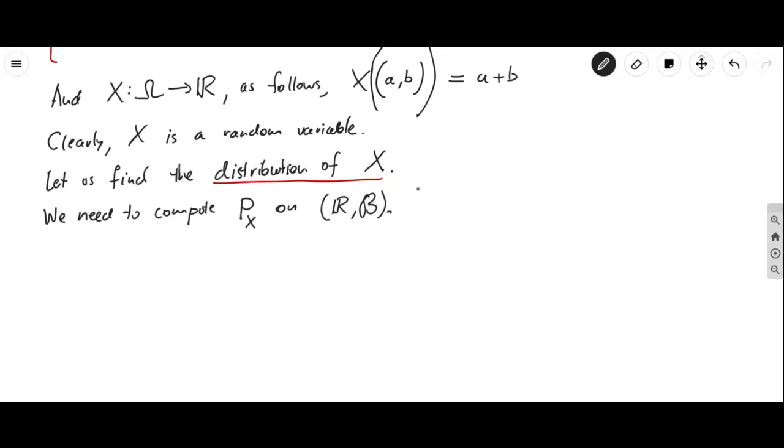Right? That's the definition of a distribution. You use the random variable to map the random experiment over onto the real line, and you use the original probability measure to calculate for you the measure of Borel sets. Okay, so how do we do that?